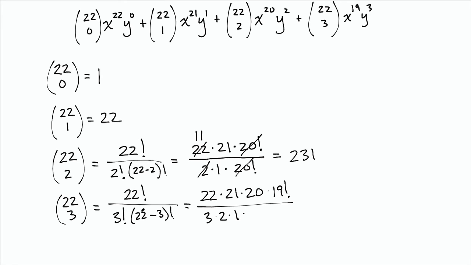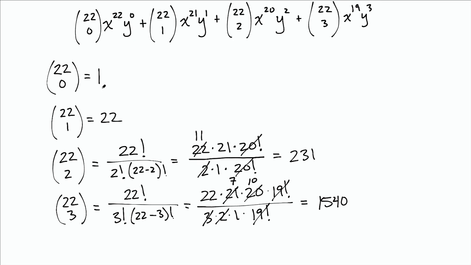And then this is 19 factorial. And now those 19 factorials cancel. And then I want to simplify a little bit. I can do a little bit by hand here. 21 over 3 is 7. And 20 over 2 is 10. So I simply end up with 22 times 7 times 10. And that is 1,540.